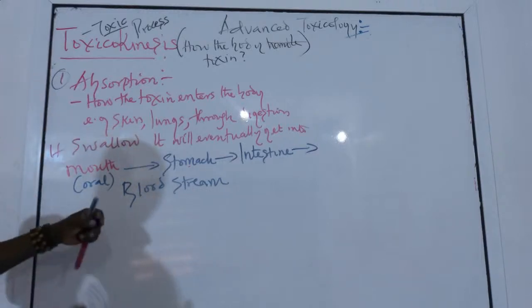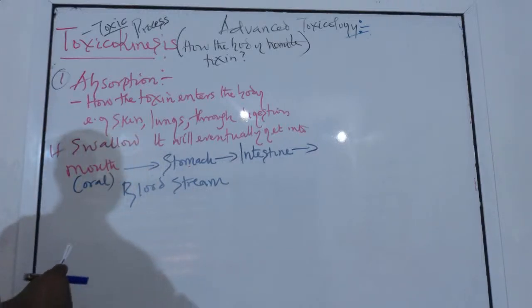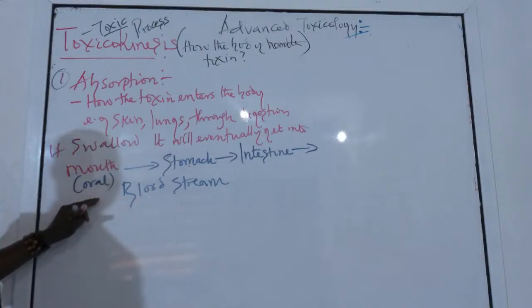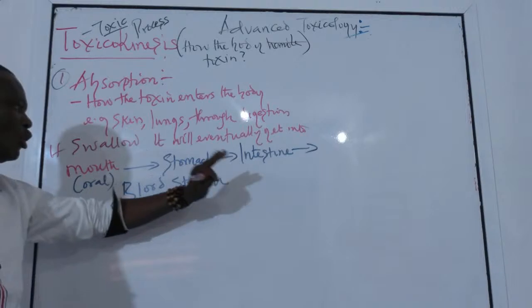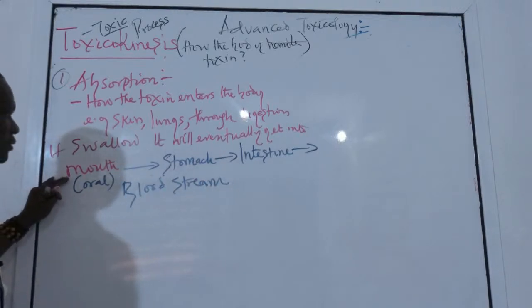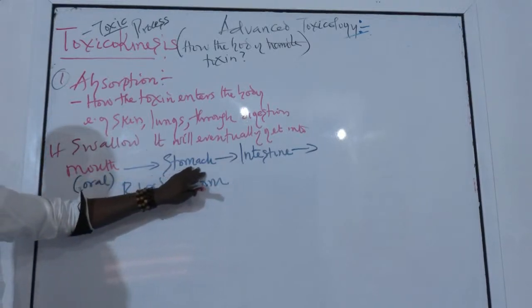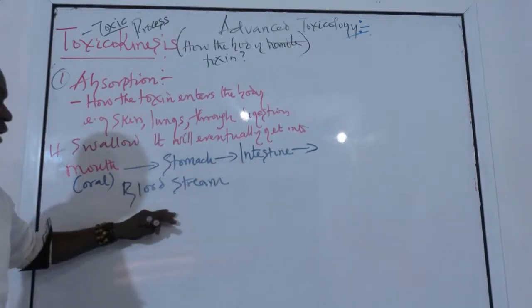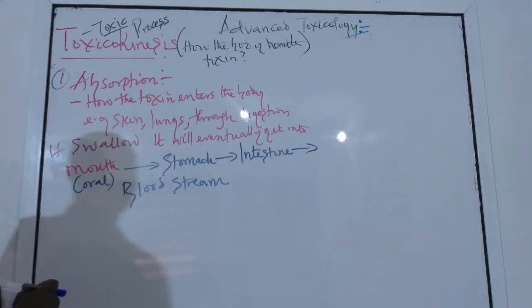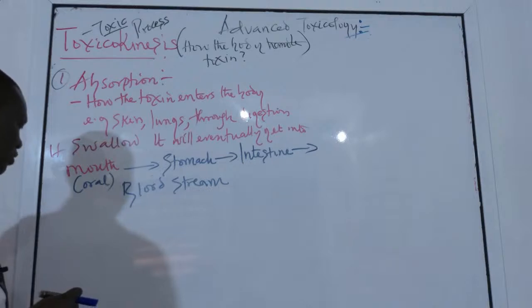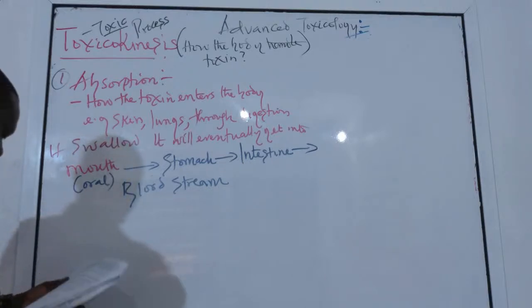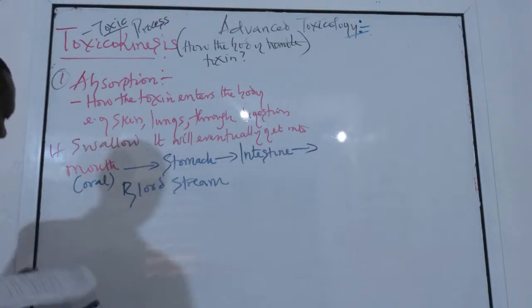Going through these stages, that toxic substance must have been absorbed from the mouth, getting into the stomach, then the intestine, and later into the bloodstream, where it will be circulated into some major or vital organs. That is the first stage.